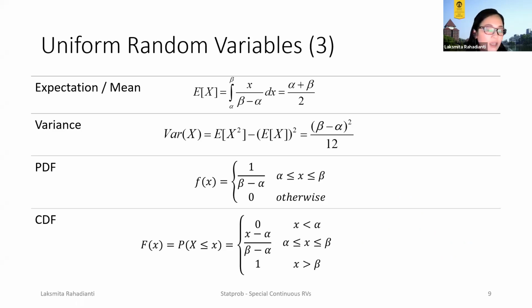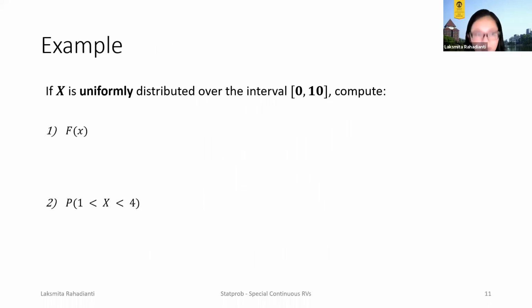So immediately we can go into some exercises. If X is uniformly distributed over the interval of 0 and 10, so we know that it is distributed uniformly between 0 and 10. This is our alpha and our beta, because this is where it is valid.